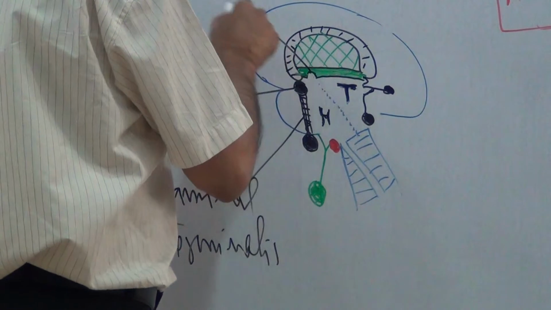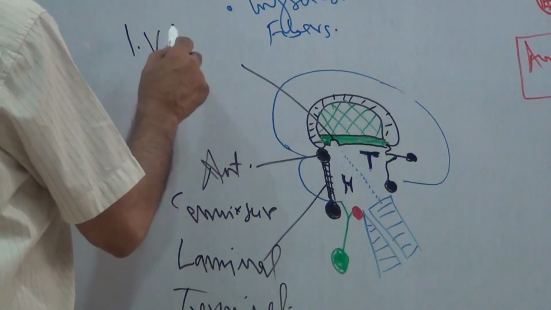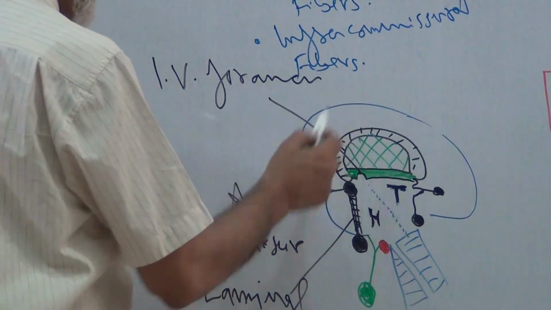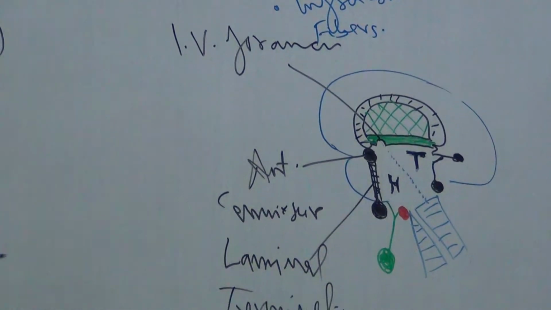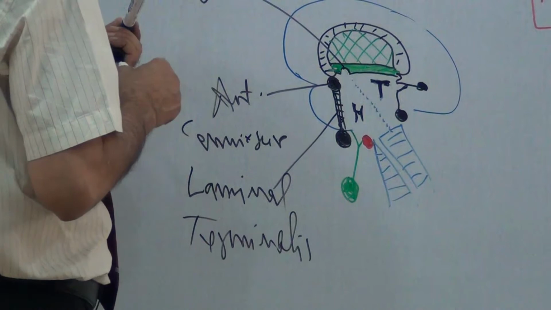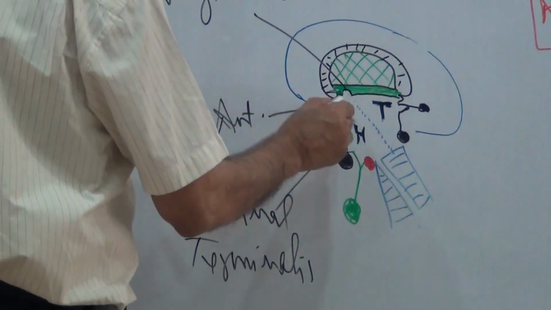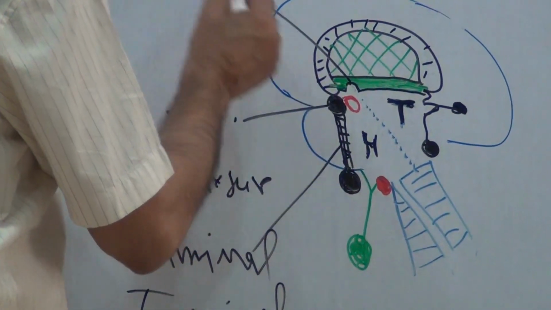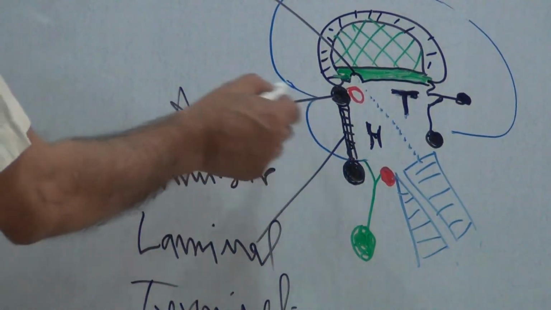This is the interventricular foramen, which communicates the lateral ventricle with the third ventricle. So it is here, this region, below the interventricular foramen and posterior to the anterior commissure.